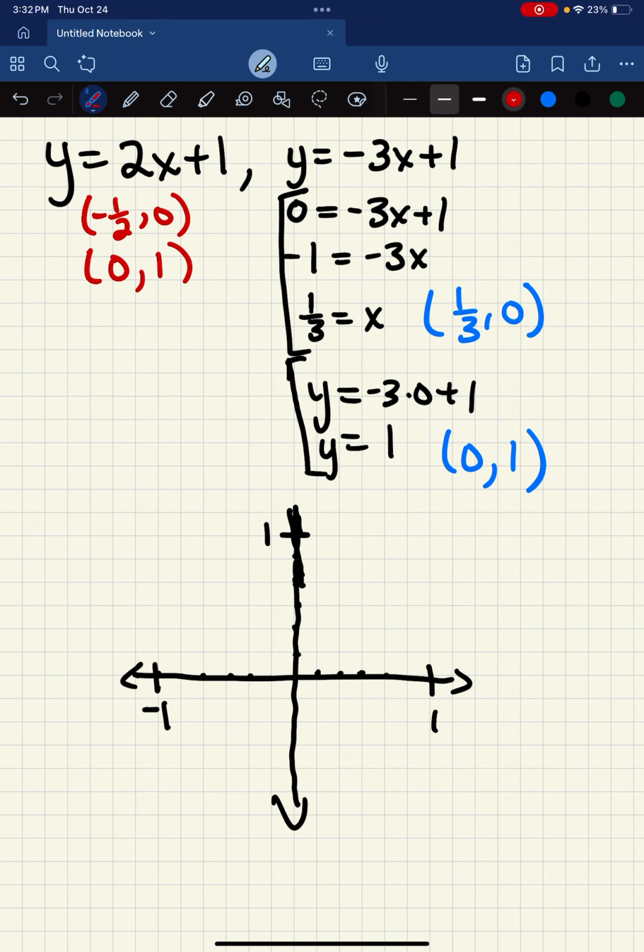So whenever we plug in our points, first we'll do red. We'll do this guy over here. Negative 1/2 is going to be right here. Negative 1/2, 0, and then 0, 1 is here. So let's go ahead and draw in that line.